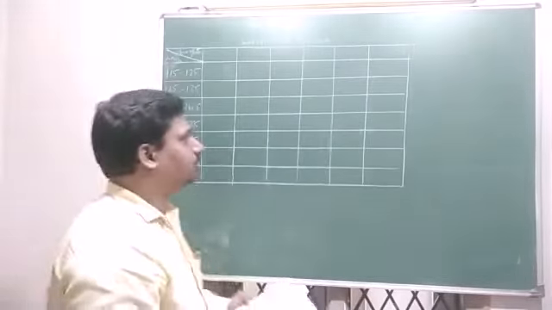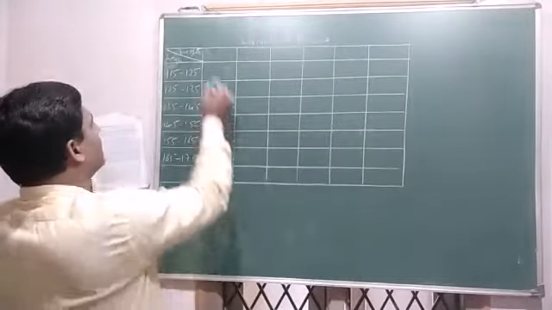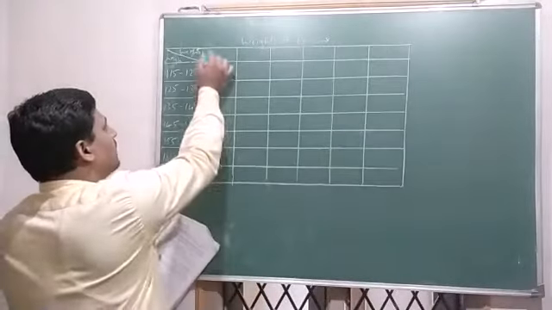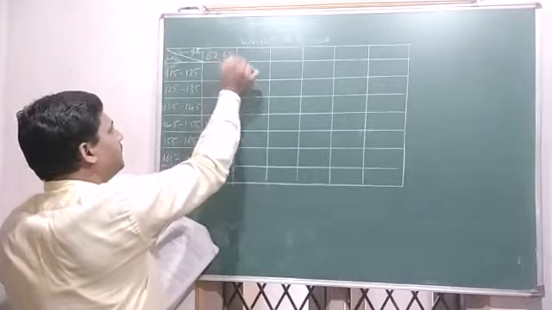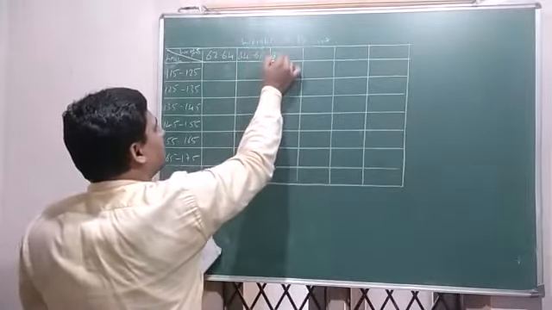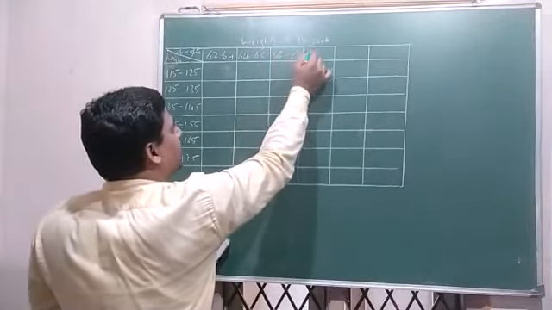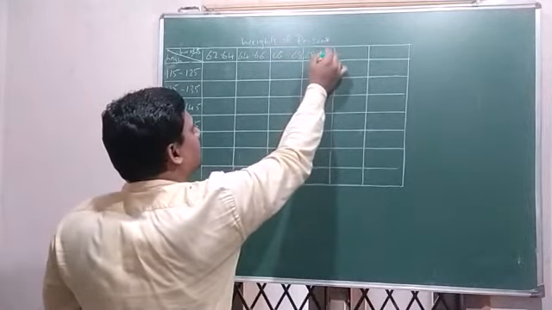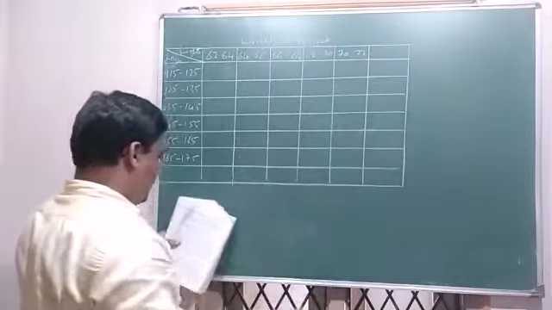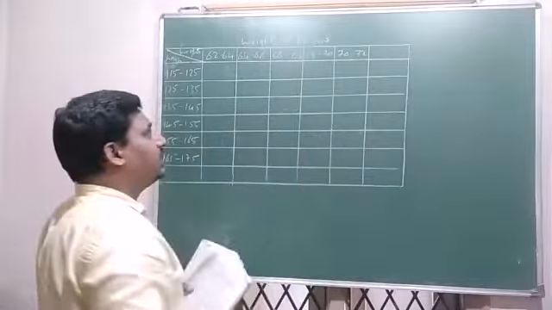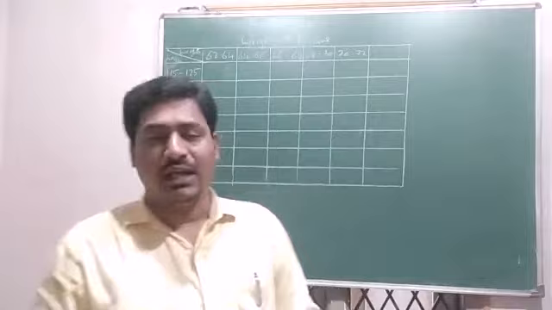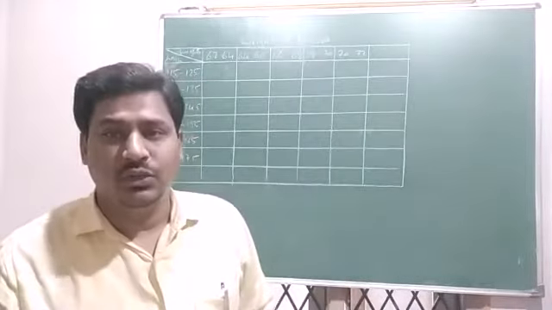And the class intervals for weights, as they mentioned, start from 62 to 64, 64 to 66, 66 to 68, 68 to 70, and the last class is 70 to 72, as the highest weight is 71, which lies in the 70 to 72 class.